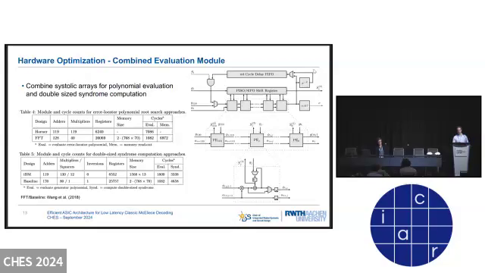Looking at the bottom, table 5, there's a comparison of double-sized syndrome computation approaches. Also here, our design requires more multipliers than the baseline designs, but rather focuses on a reduced register and SRAM macro utilization to achieve comparable performance. But now that we take our optimization into account, that we actually combine these two systolic arrays into one array, we only have to instantiate this array once.